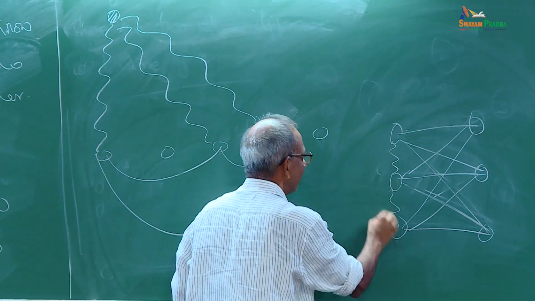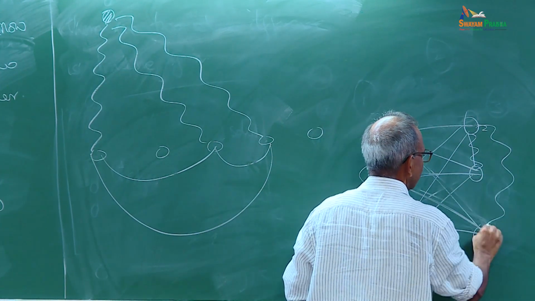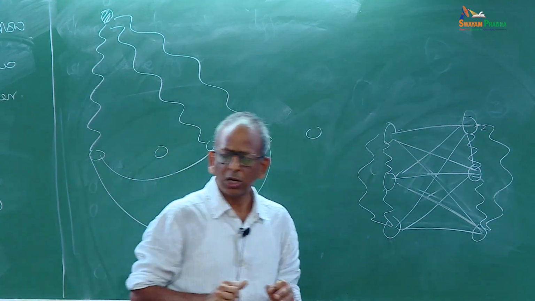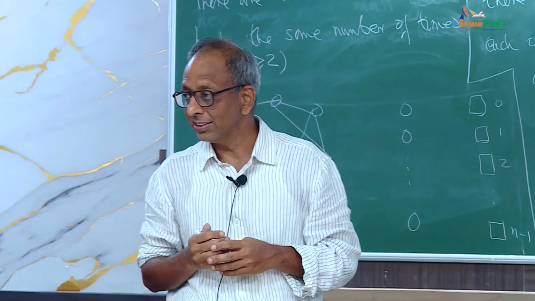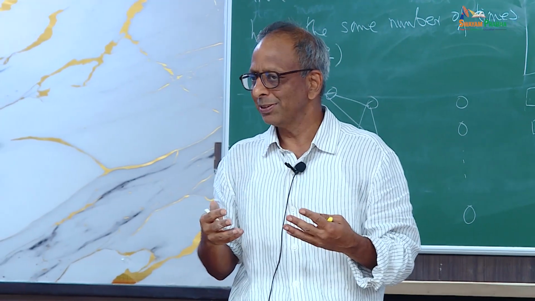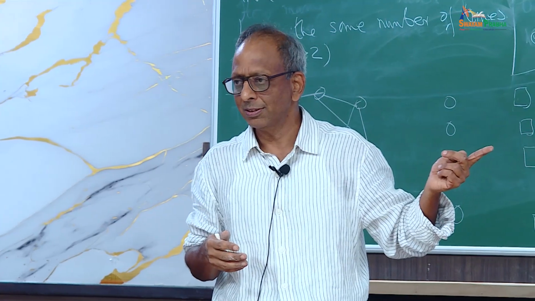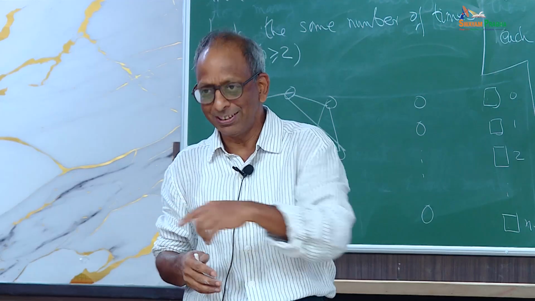Let's say the remaining are wavy edges. So how many wavy edges do I have here? 6. But is the triangle in the most popular type? What is the most popular type here? Straight. But it is the less popular thing which has the edges.